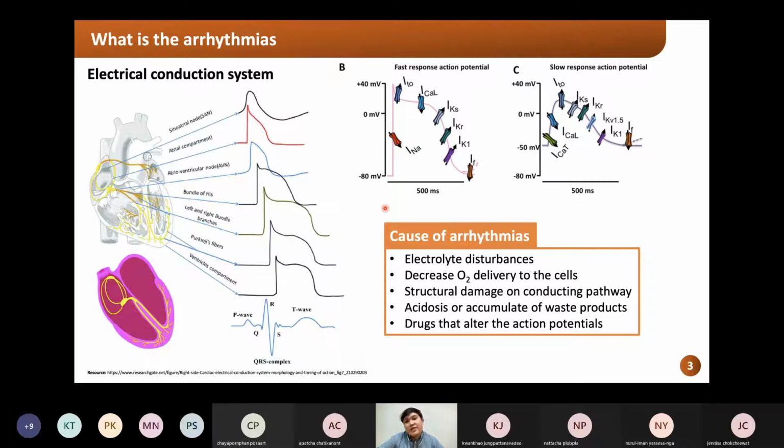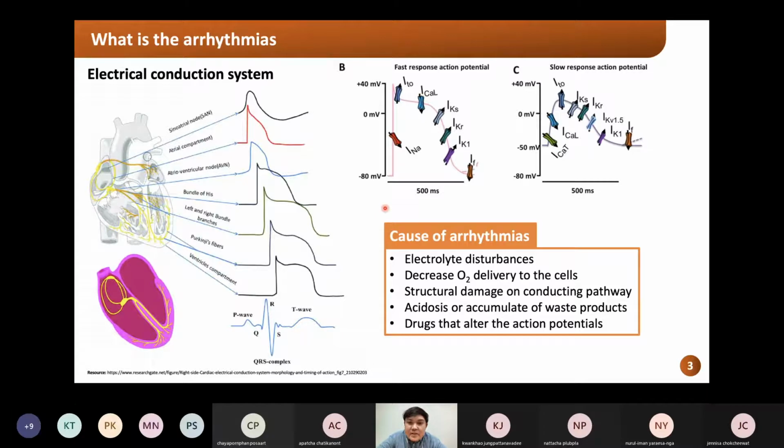The second cause is decreased oxygen delivery to the cell. If we have insufficient oxygen or nutrients to generate this kind of activity, it eventually leads to arrhythmia.